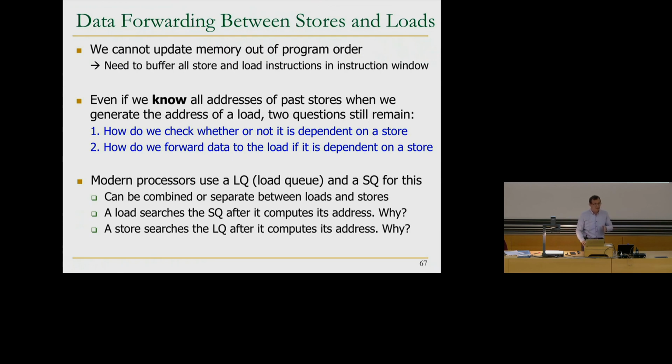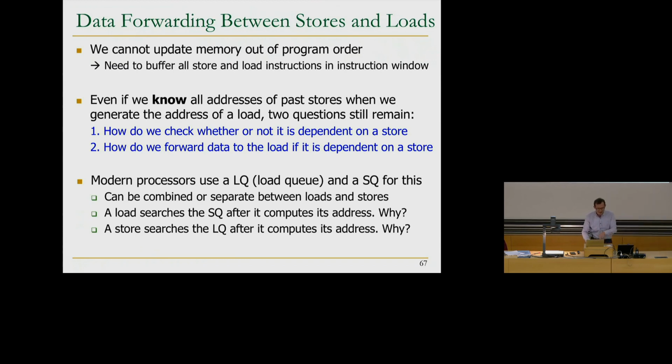And a store, when it finishes execution and computes its address, searches the load queue to see if there is a load that's dependent on it. This second one is needed if you're doing prediction, so that you can check your prediction. If you predict that this load is independent and you've executed it, but then the store address becomes available, the store needs to check if any of the loads got the wrong value because they were predicted to be independent of the store.